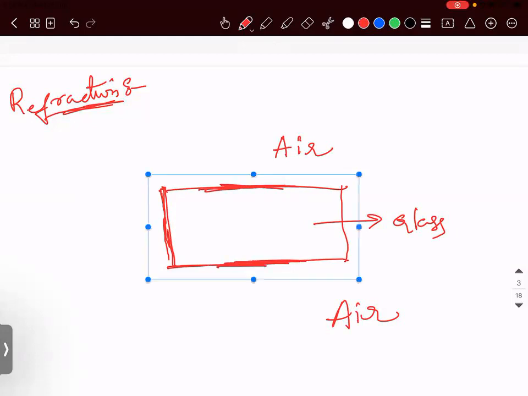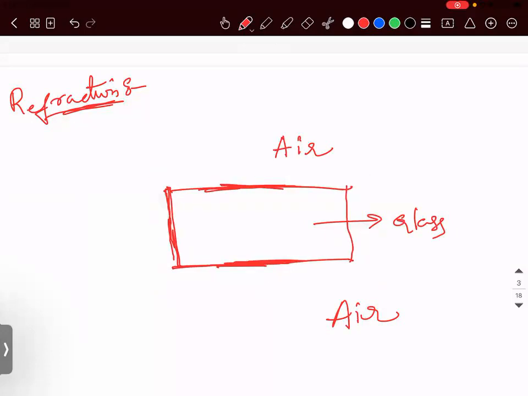So let's say light rays are entering like this, right? How to draw the normal here? The normal will be just perpendicular to this surface. This is the normal. What is the angle of incidence here?